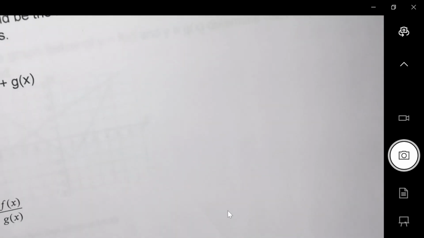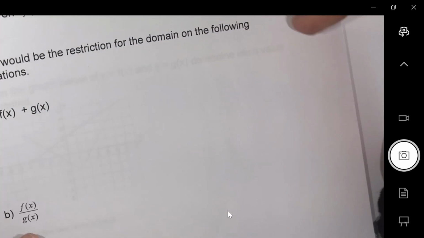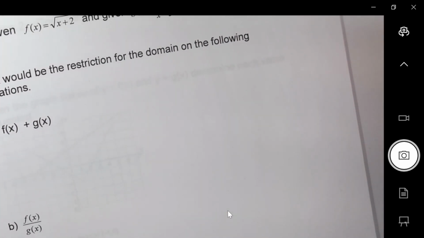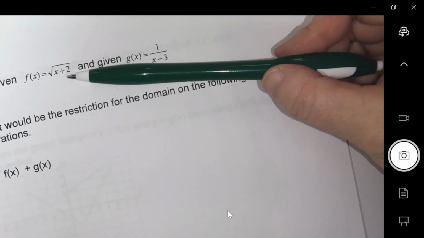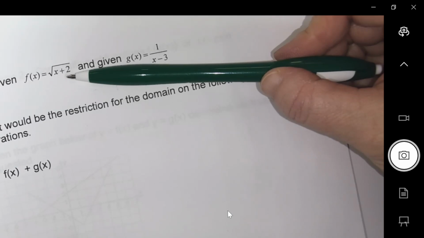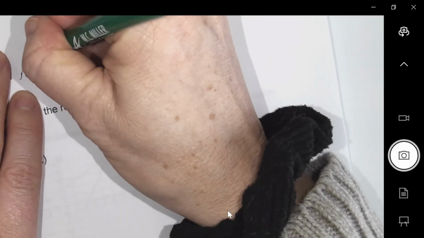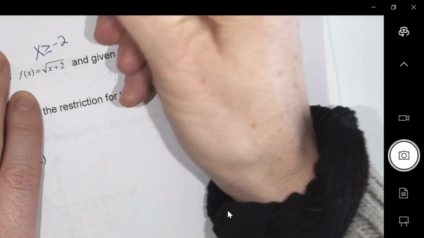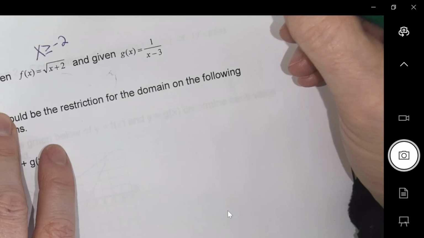Okay, let's talk about restrictions. What is the restriction going on this graph? X would be greater than or equal to -2, so that we don't have to square root a negative value.